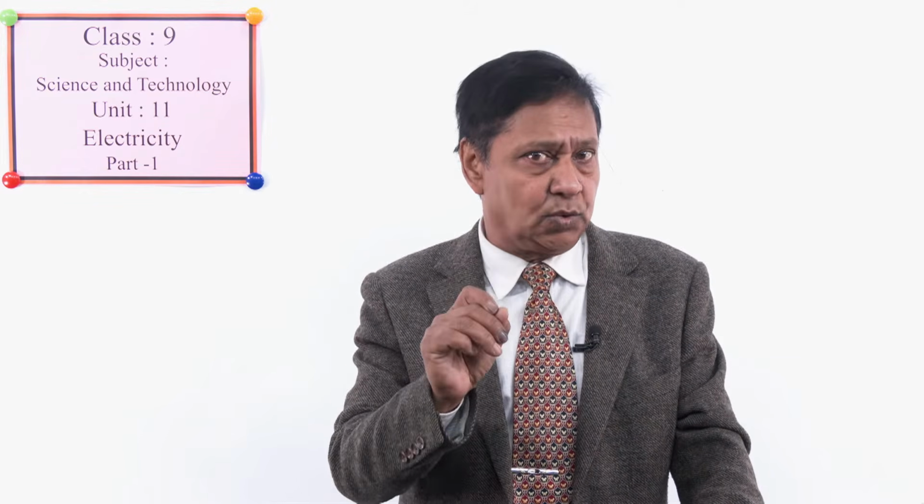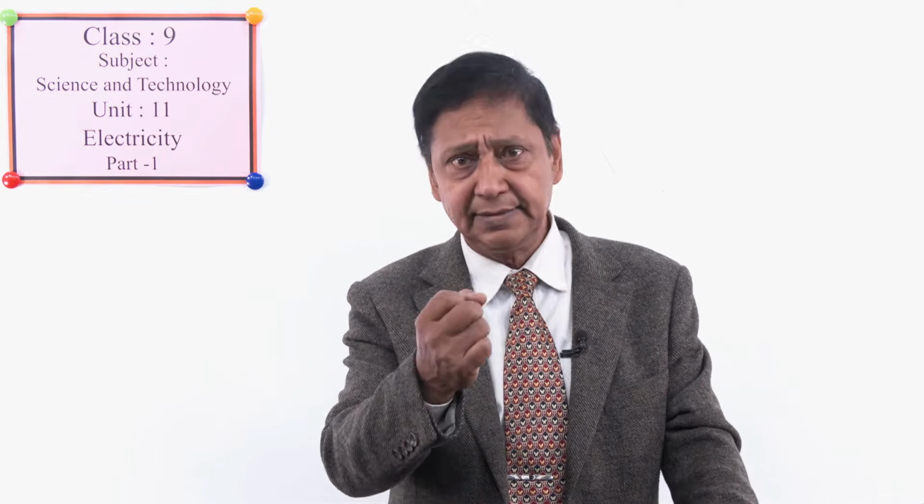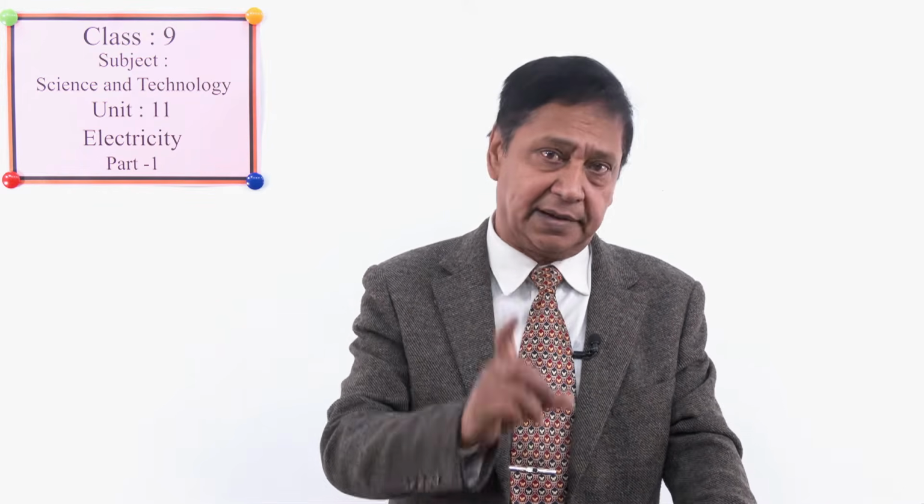Now, one thing we have to be very clear about: electricity is related to charged particles. Charged particles means there are two charged particles. One is the electron, which is a negatively charged particle. Another is the proton, which is a positively charged particle.